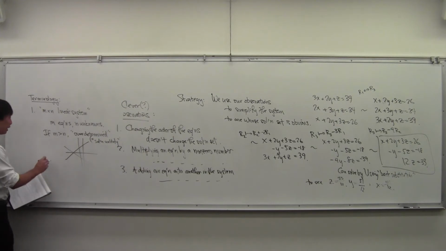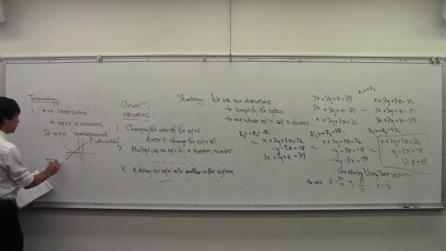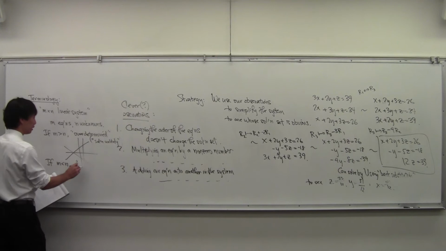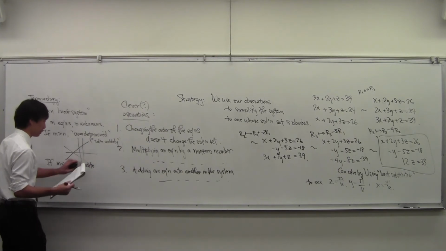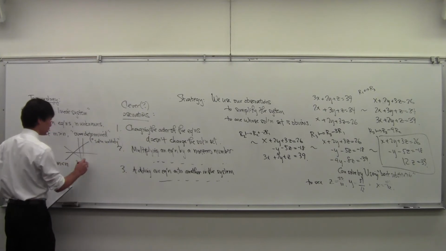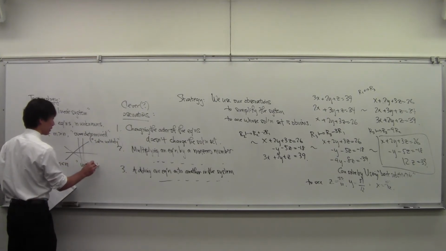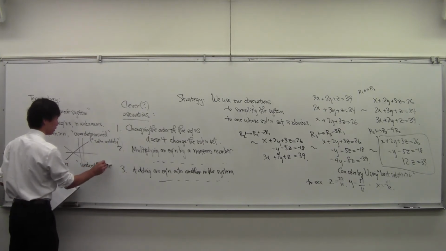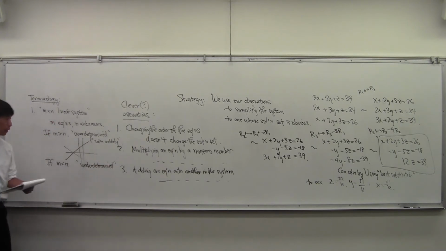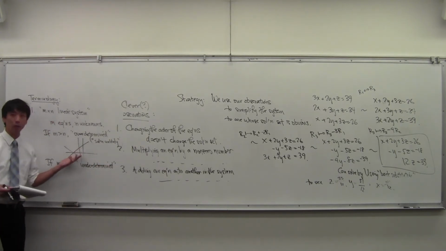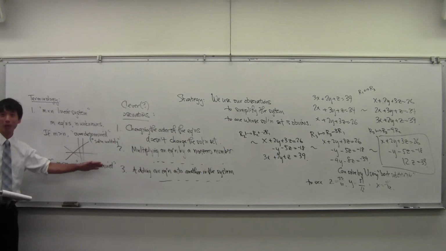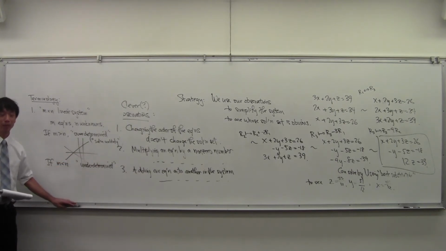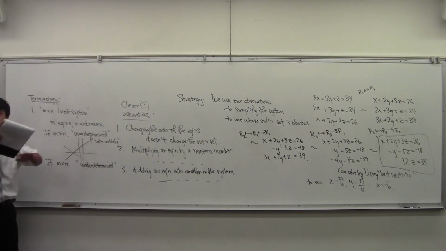If m is less than n, it's called underdetermined. Like, you're in R2, you're in 2 dimensions, but you have only one line. That's great, you've got infinitely many solutions. Or you're in 3 dimensions and you've got two planes.